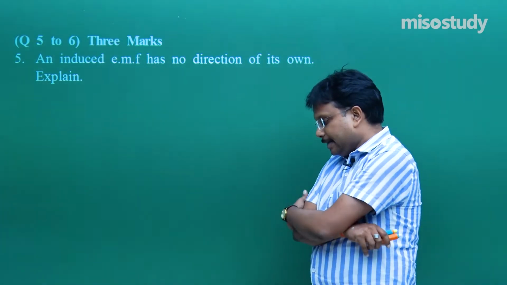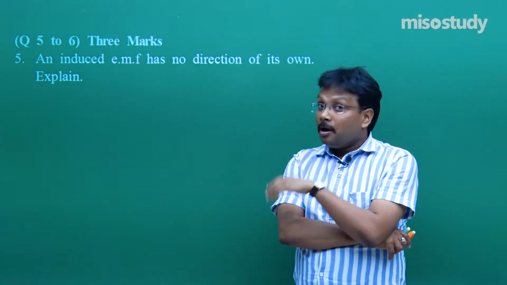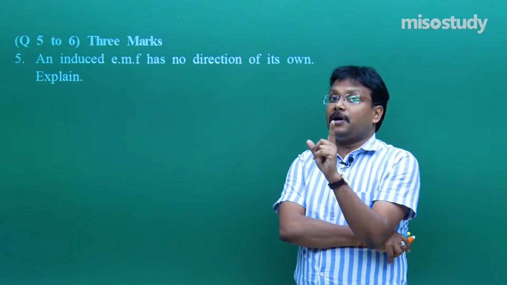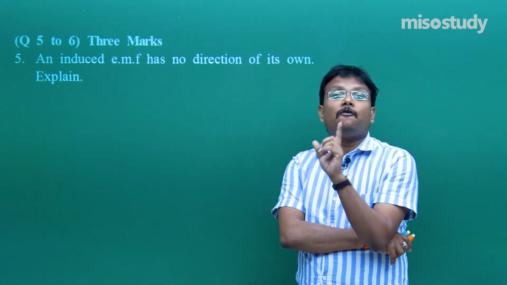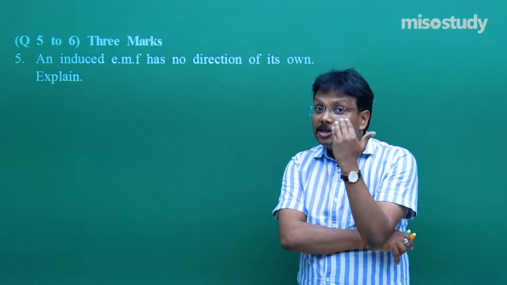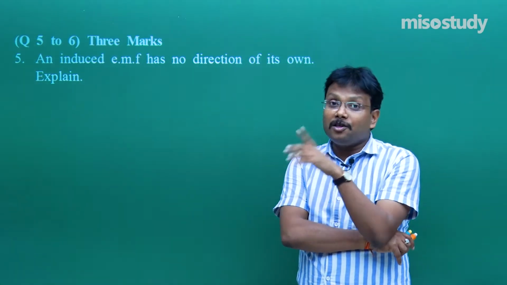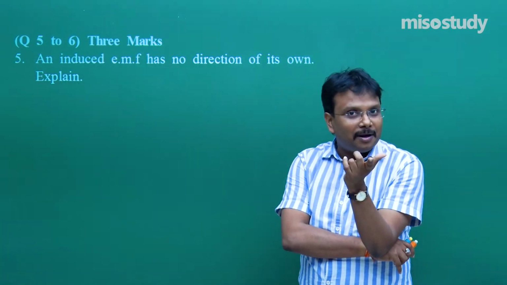Explain. Basically, they want to know Lenz's law, because I very specifically mention Faraday's law of electromagnetic induction, that if you want to find the direction you have to use Lenz's law, because Faraday's law is based upon the conservation of energy principle. Fine.